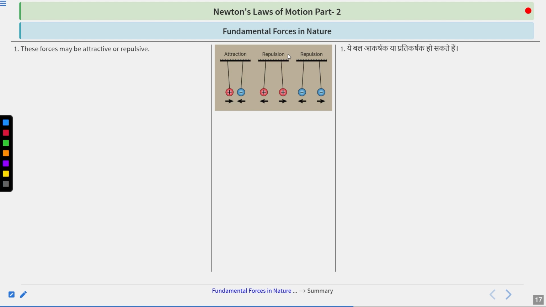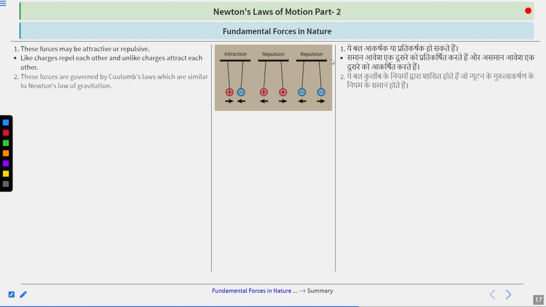Whenever the charges are similar, one particle positive and another also positive, or one negative and another also negative, there will always be repulsion. Like charges repel each other and unlike charges attract each other. These forces are governed by Coulomb's law, which is similar to Newton's law of gravitation. They obey the inverse square law.